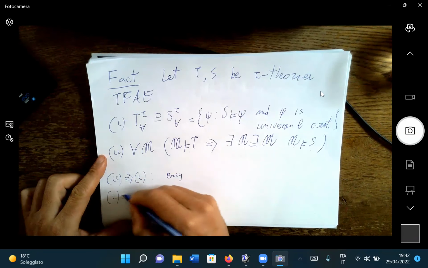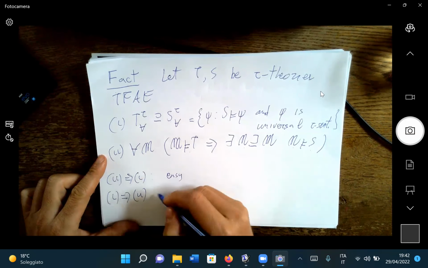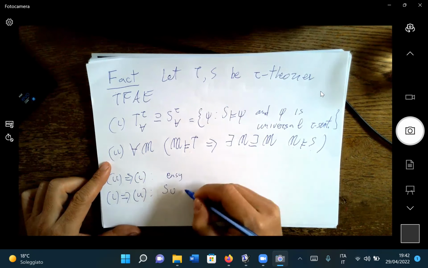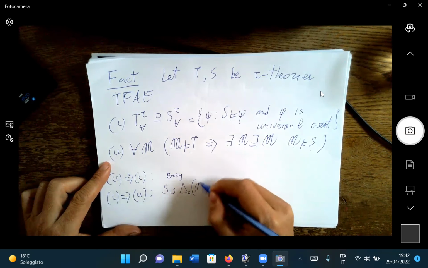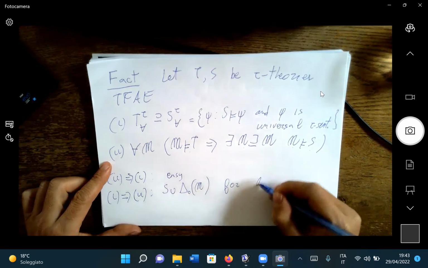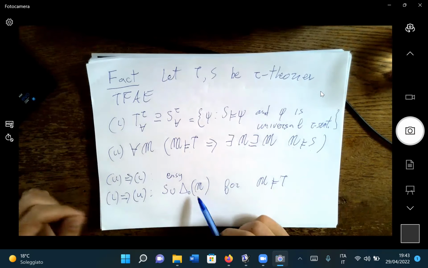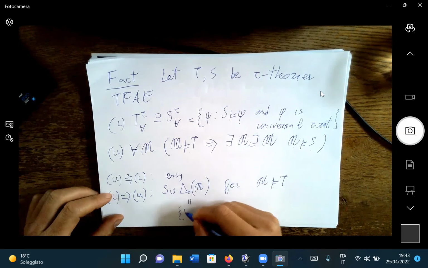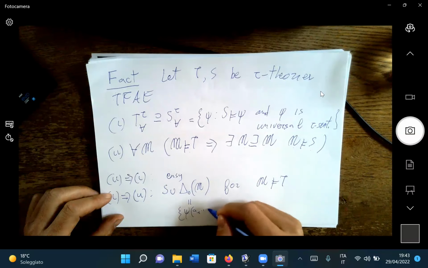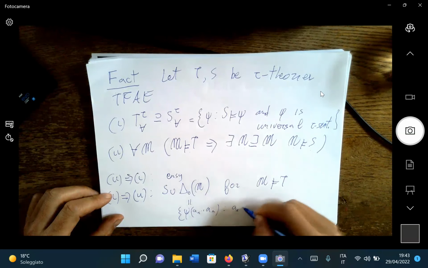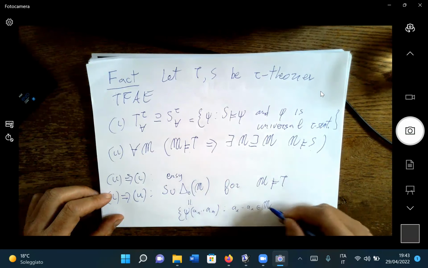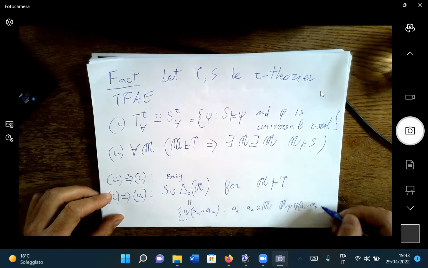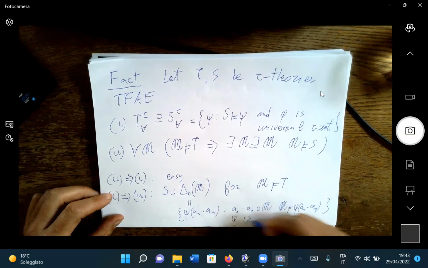And 1 implies 2 is a basic compactness argument. What you do is take the theory S union delta 0 of M, for M a model of T. Delta 0 of M is the atomic diagram, equal to the set of psi of a1 through an, such that a1 through an belong to M, M models psi of a1 through an, and psi is quantifier free.